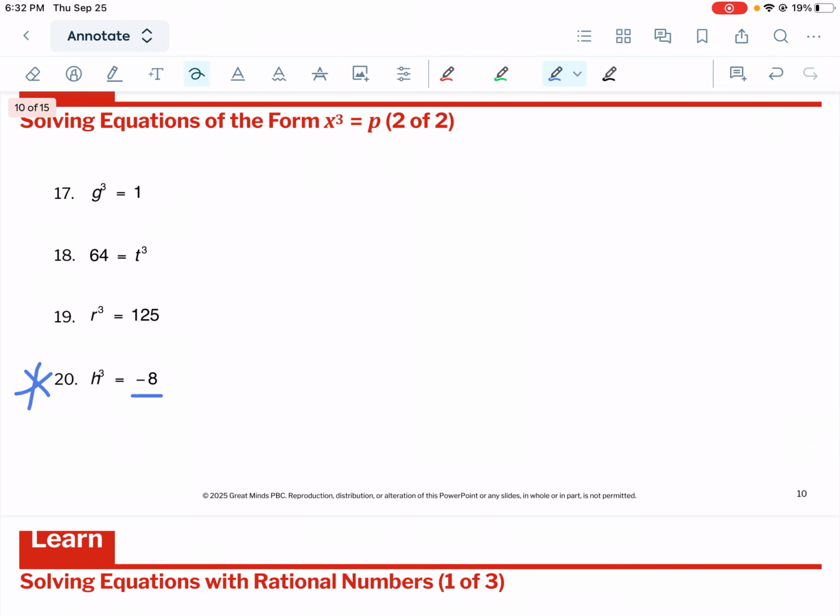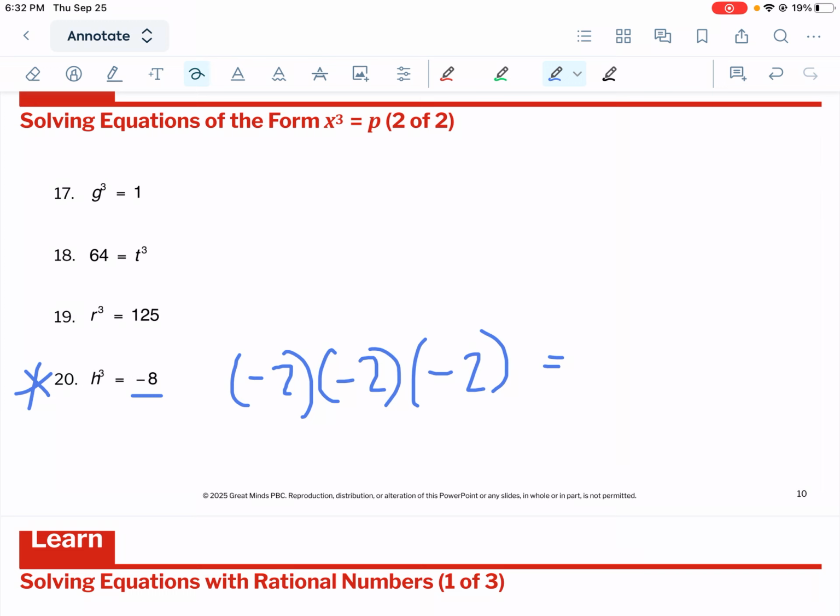But this answer is negative. So then the idea becomes, will -2 give me a -8? I know that negative 2 times negative 2 is positive 4.